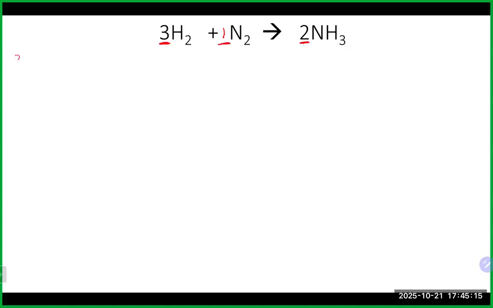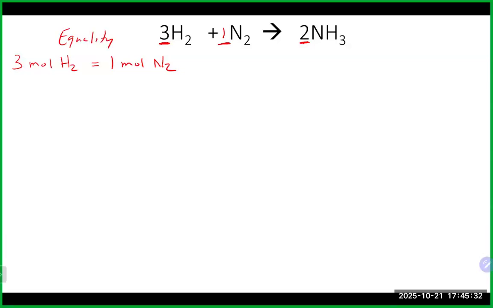We can have 3 moles of H2 needs to react with 1 mole of N2. And again, that is the mole-to-mole relationship. That is what is known as an equality here based on the equation.